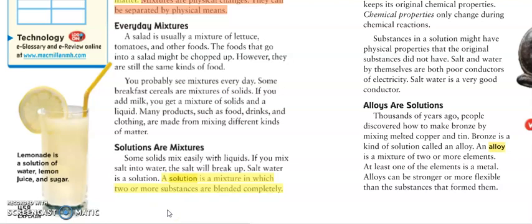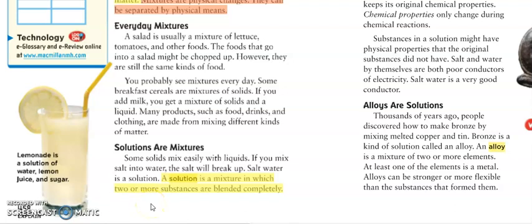Solutions are mixtures. As you see in this picture, I have an example of lemonade. Lemonade is a solution of water, lemon juice, and sugar. Another example of a solution is if you mix salt into water, the salt will break up. So salt water is a solution.